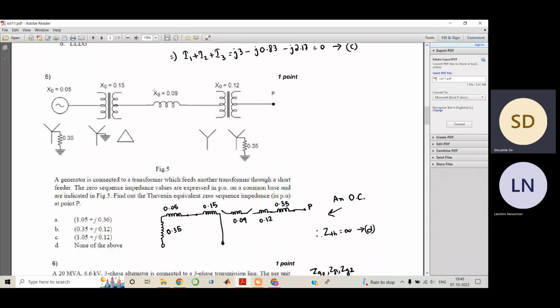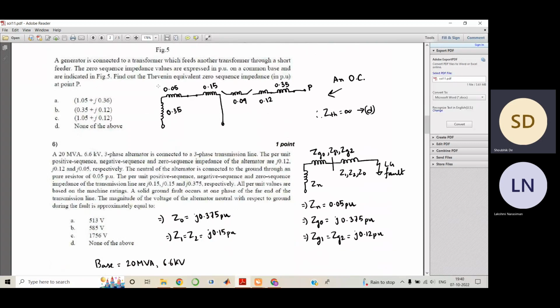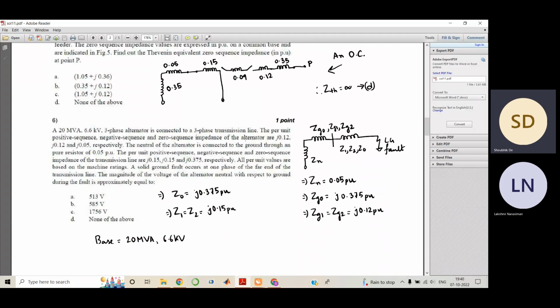Now let us go to the next problems, which are numerical problems only. Question number 6. A 20 MVA 6.6 kV three-phase alternator is connected to a three-phase transmission line. The per unit positive, negative, and zero sequence impedances of the alternator are these, j0.12 and j0.05.